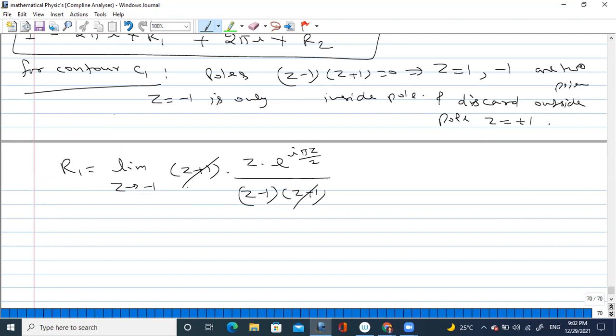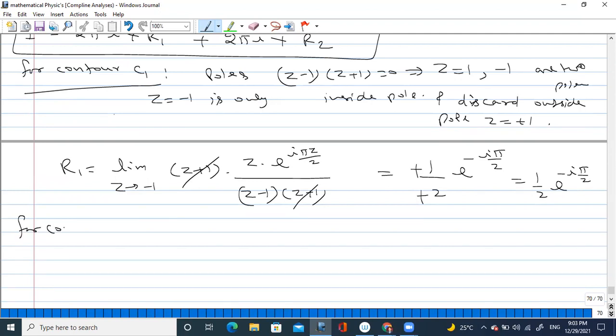Now put z equal to minus 1. So it will become minus 2, and it will become minus 1. So the answer will be minus 1 by minus 2 e to the power minus i pi by 2. Minus and minus cancel. So the answer is 1 by 2 e to the power minus i pi by 2. So this is your R1 value.